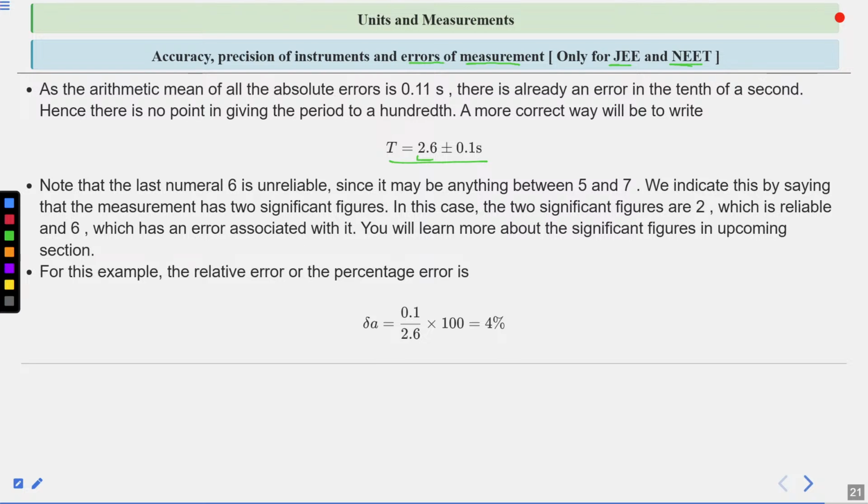Okay, 0.1 and 0.11. Here we choose the value of absolute error as 0.1. You can also choose this one.